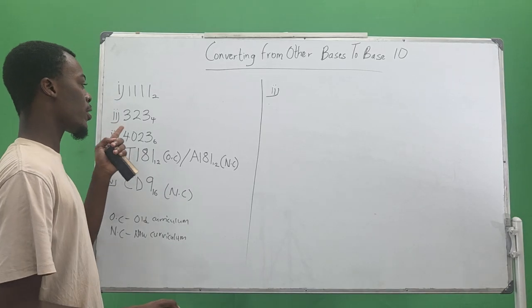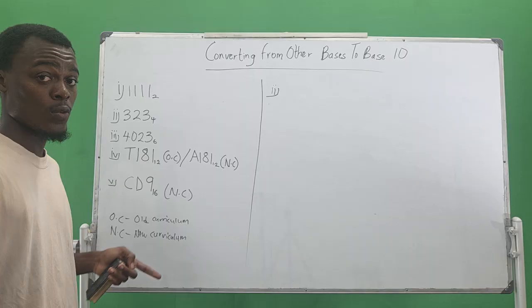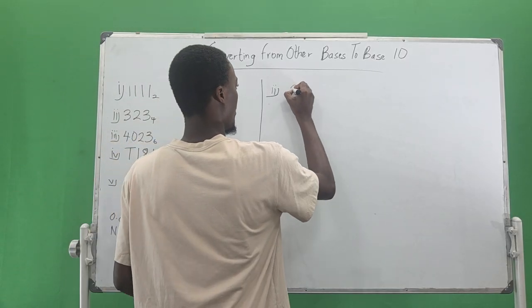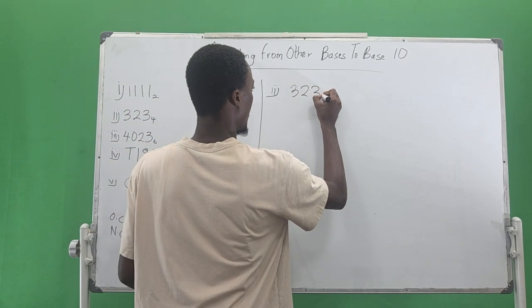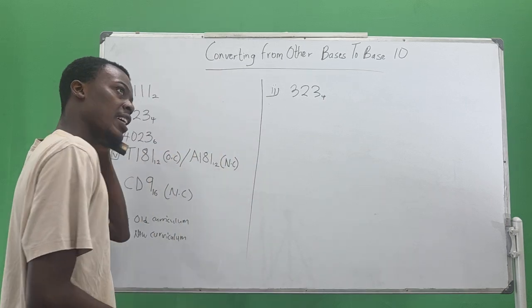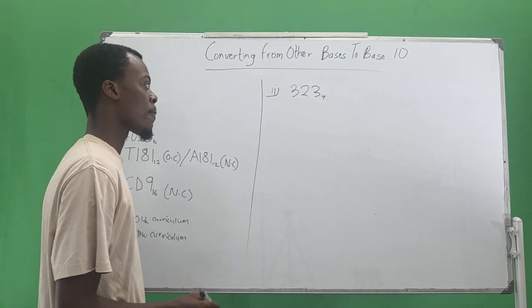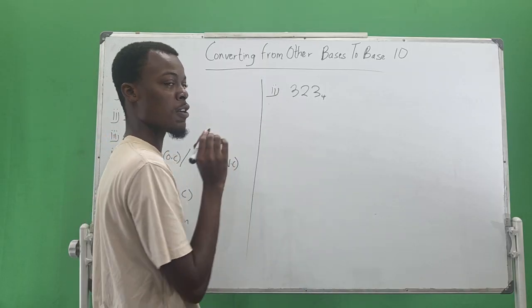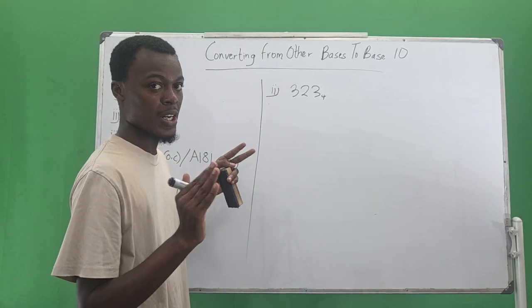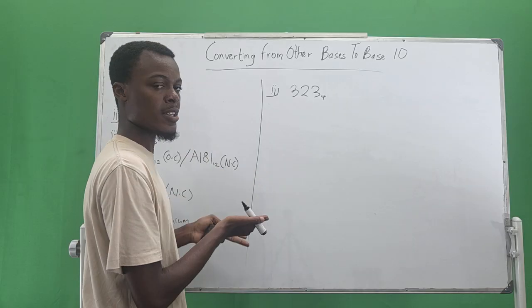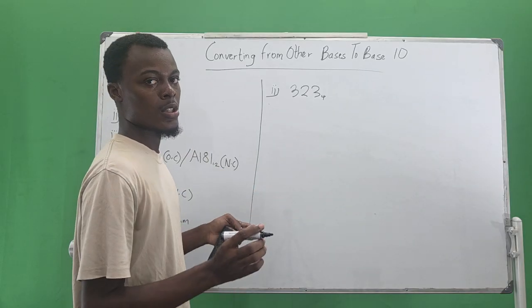So the next question is 323 base 4. Let's do it. As I said earlier, when you are doing it, you just put the powers of the bases imaginary, like maybe you are doing this in an Excel book or something. It's a trick.